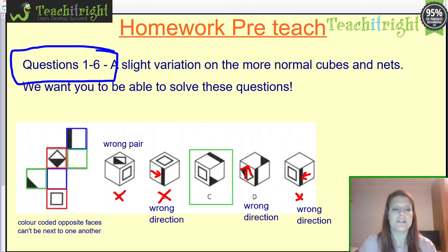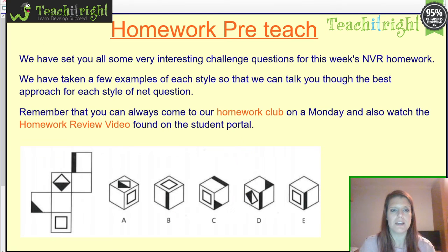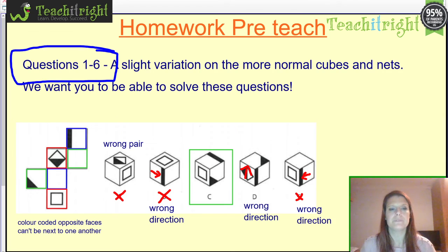So here we have the same example as on the previous page, but we've just color coded the faces here. So the blue would be opposite faces, the green would be opposite faces, and the red would be opposite faces as well. And you can see then we've eliminated number 1, because those shapes are next to each other and they shouldn't be.